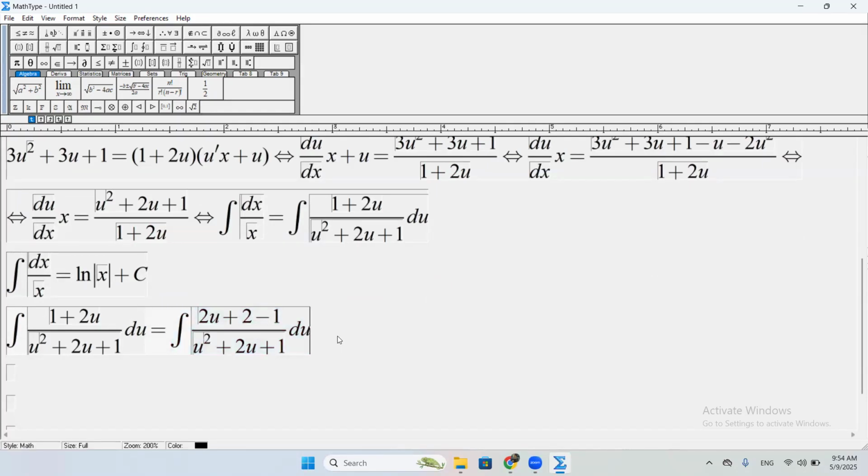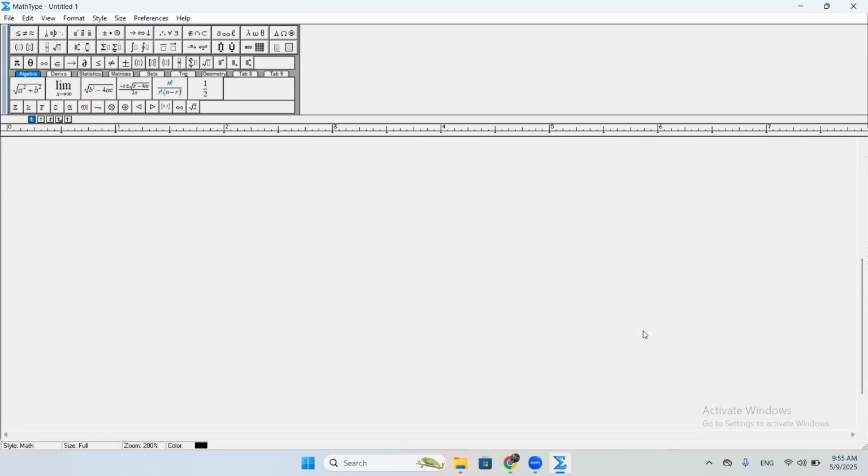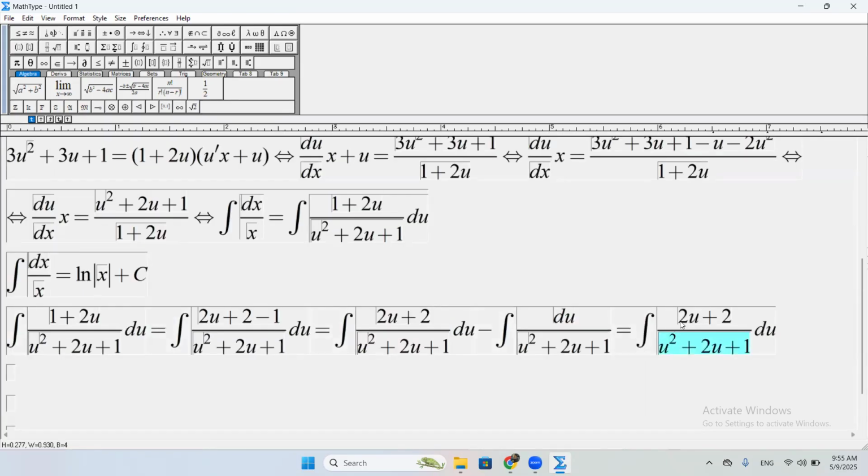The minus 1 here is actually du, which will be moved here. So what do we have in the numerator of this integral? It is actually the differential of the denominator.